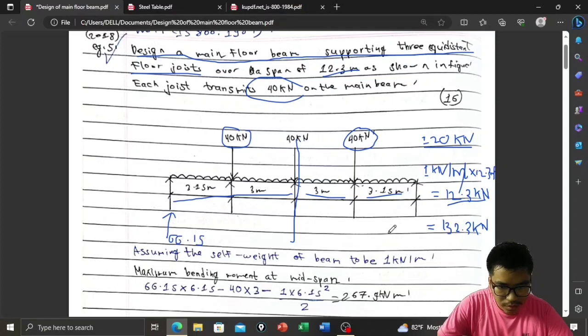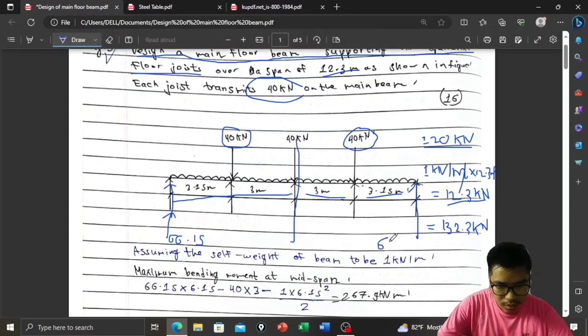It is 66.15 kilonewton here, and this will also be 66.15 kilonewton, for both.